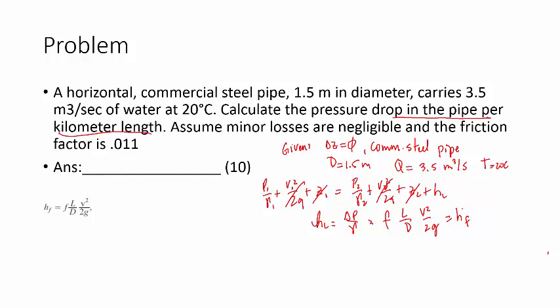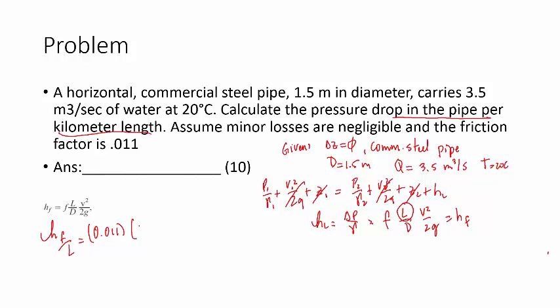Okay? Now, the question is the losses per unit length of pipe. So I'm going to calculate hf divided by the length of pipe and just substitute in the expression. So I have the friction factor, the velocity.